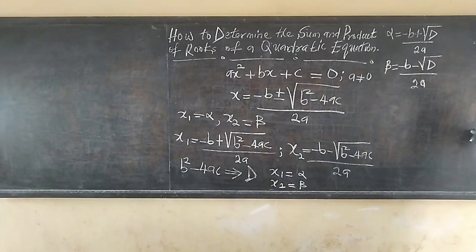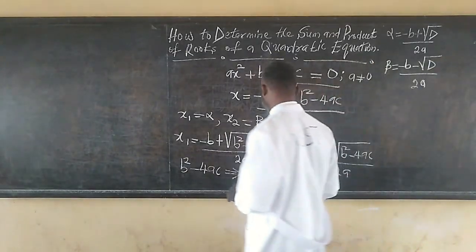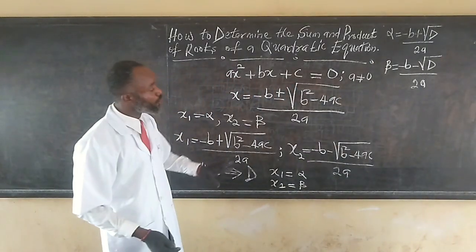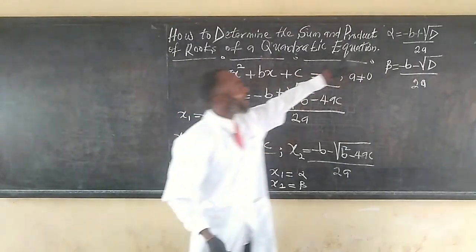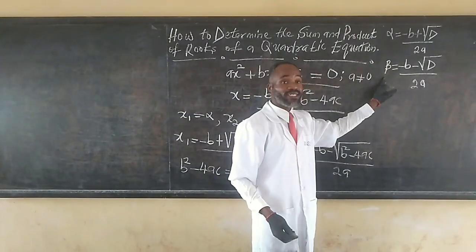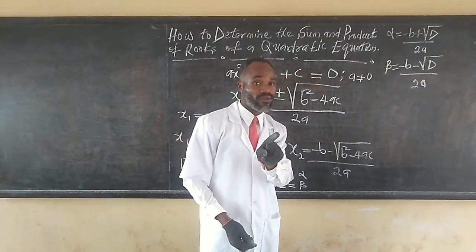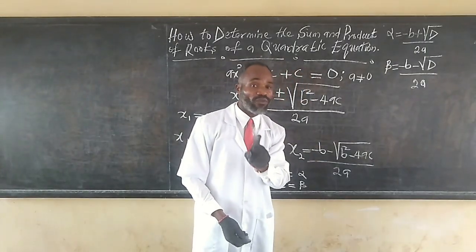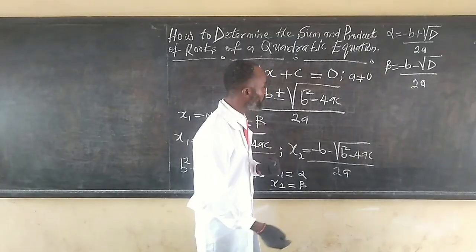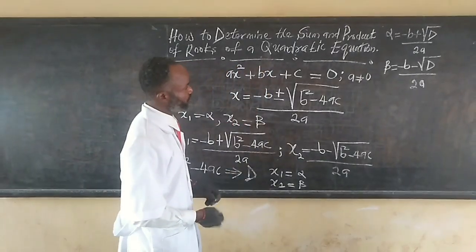All right, we have now identified two important components of the equation, alpha and beta, representing the roots of the quadratic equation, so to say.